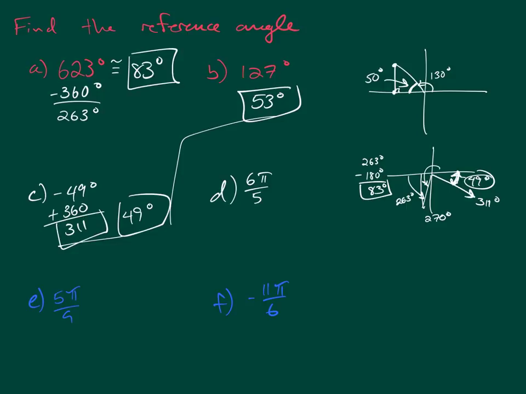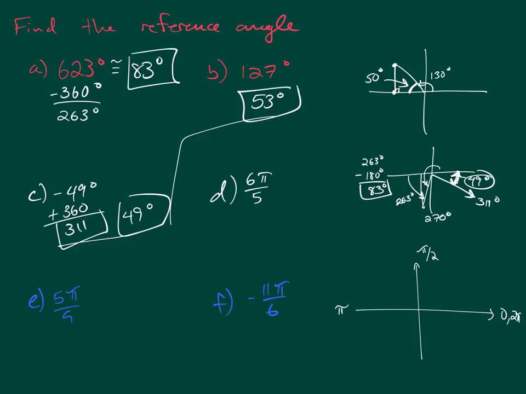So down here, we want this angle to be between 0 and pi over 2. Reference angles are always located within the first quadrant. And our goal was to always go back to the x-axis. So the x-axis measures here are either going to be 0, pi, or 2 pi.